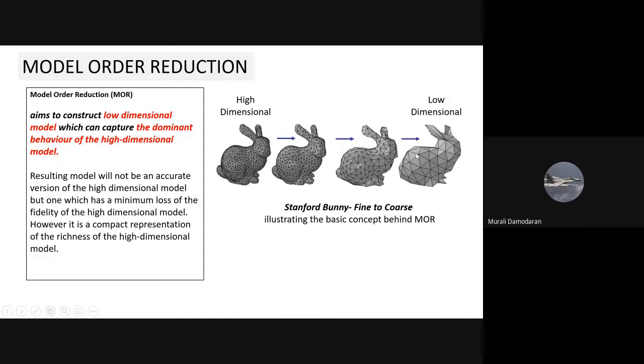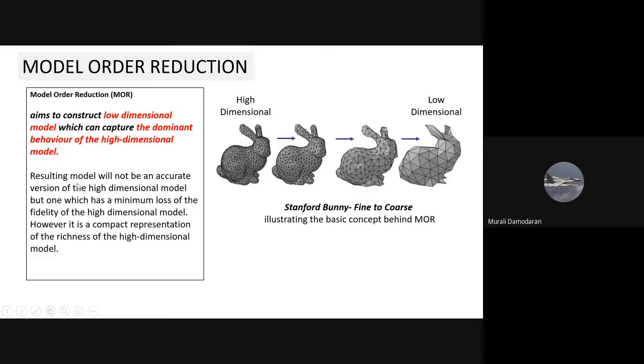This is a high dimensional representation of the rabbit, and this is the low dimensional one, which is very easy to generate. It does not capture everything that is there in the high dimensional bunny, but roughly you know what it is. So that is the basic concept behind model order reduction.